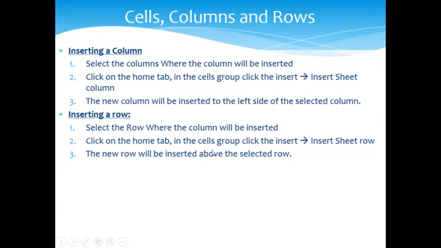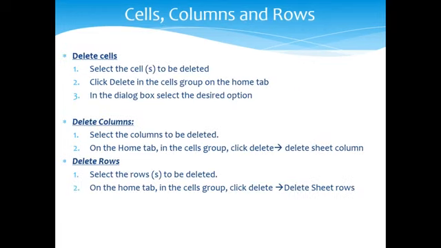In the Cells group, you click Insert and then Insert Sheet Rows. The new row will be inserted above the selected row. I hope that one is very, very clear.